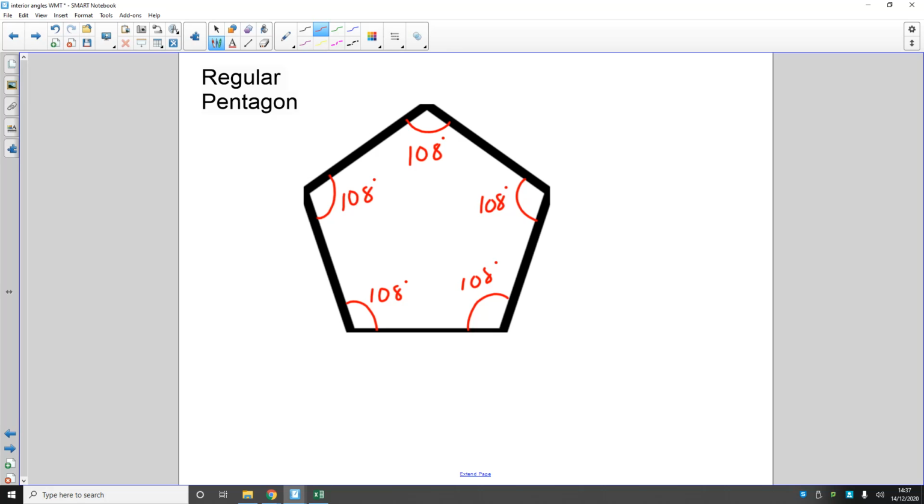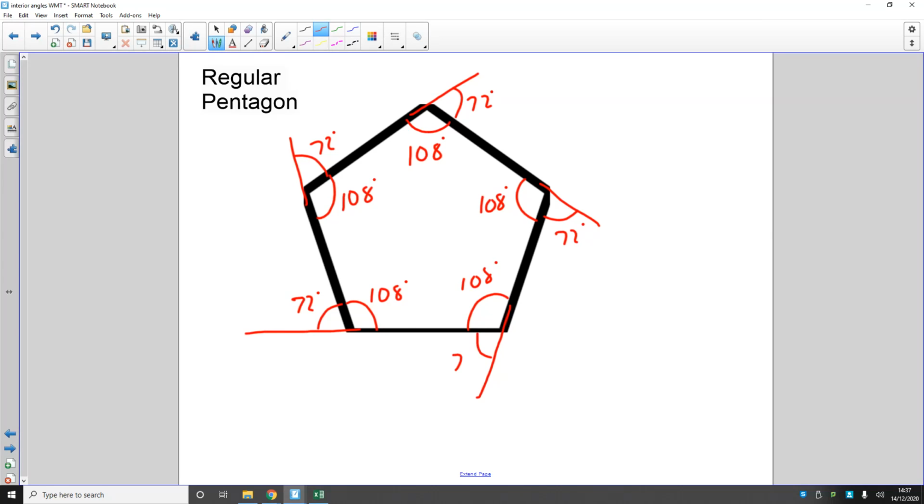Because we know what each of the interior angles are, again I can just extend each angle and work out each of the exterior angles. So on this one, I know that's 72 degrees because 108 add 72 is 180. And if I do that around the shape, then because it's a regular shape, all these exterior angles here are going to be 72 degrees as well.